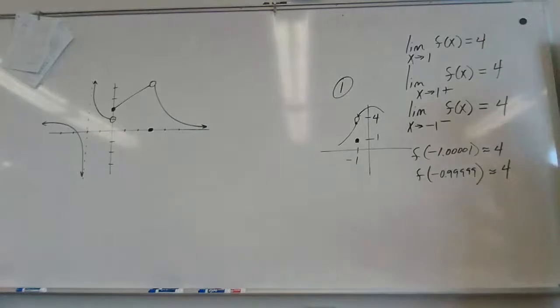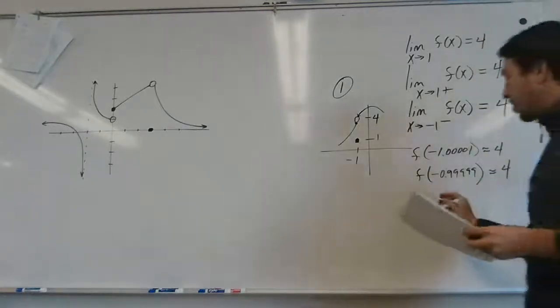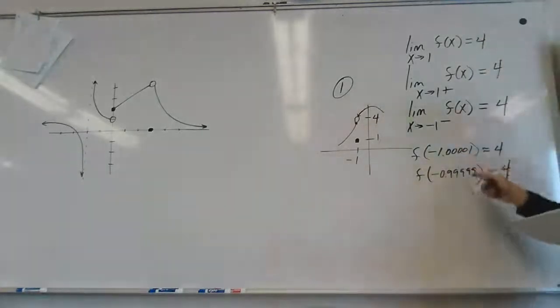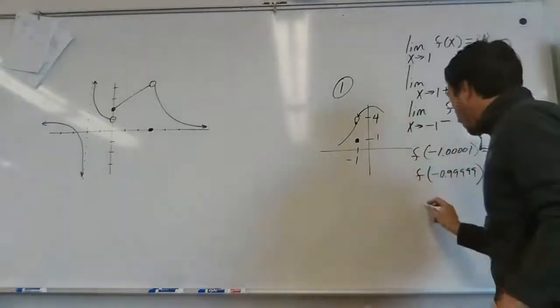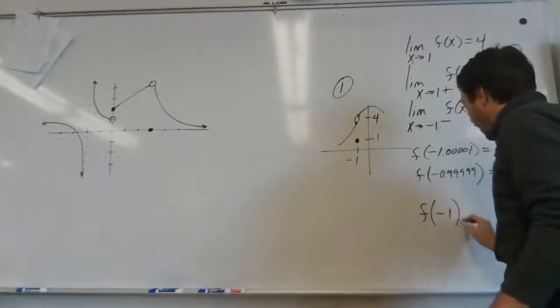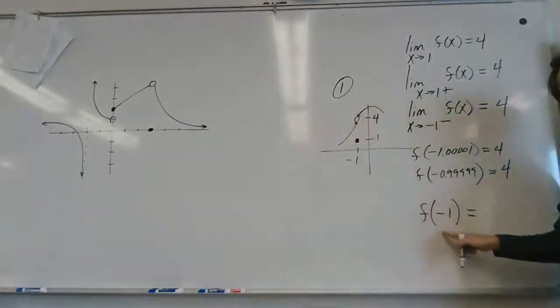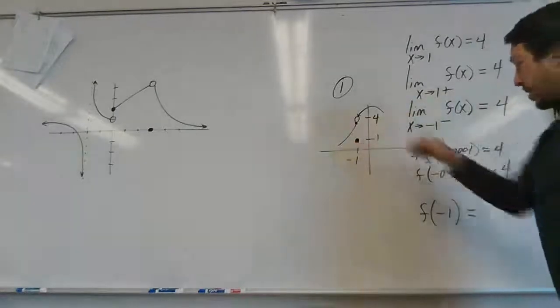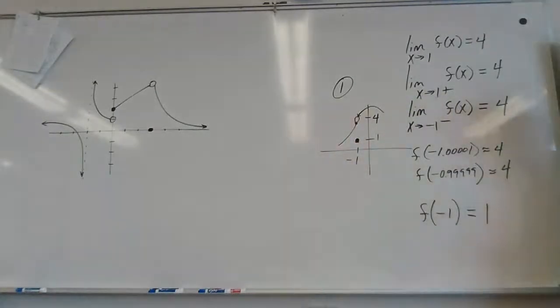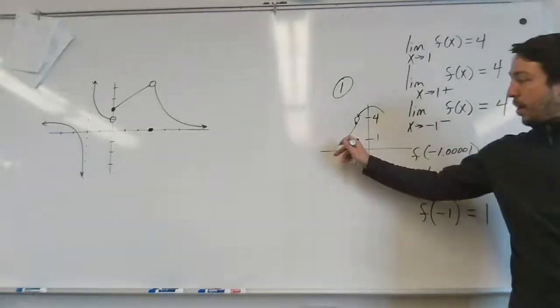But question L asks, okay, great, you're telling me about the behavior of the function really close to -1, but what if I was asking what actually happens at -1 exactly? That's how you write that. You say, what is actually f of -1? This dot tells us that the answer to that is 1. Okay? So what happens on this function? You're moving along.